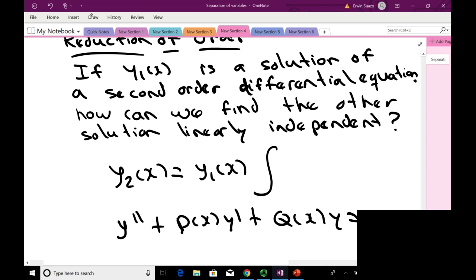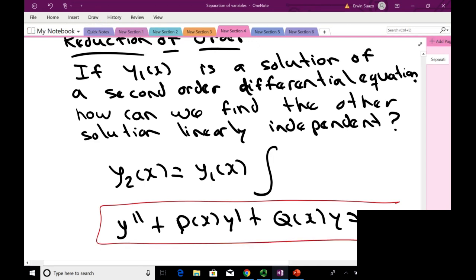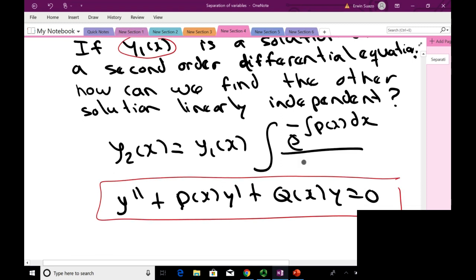You have one solution for this, y1 of x. You want to find the second solution. The second solution is y1 of x times the integral of e to the negative integral of p of x dx over y1 squared of x dx.